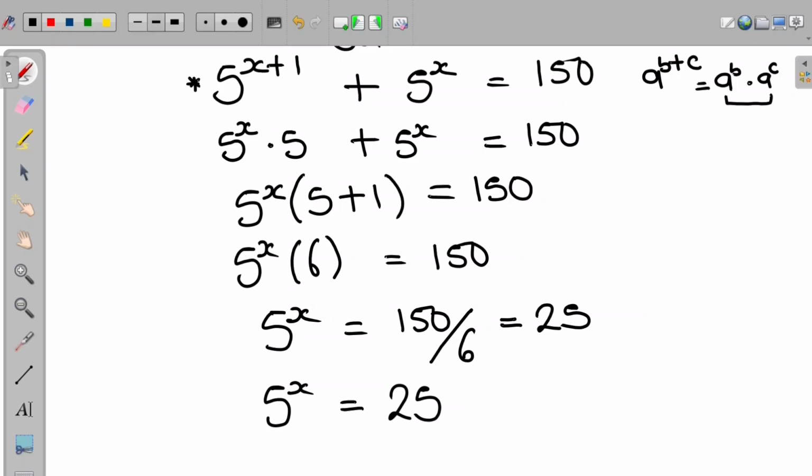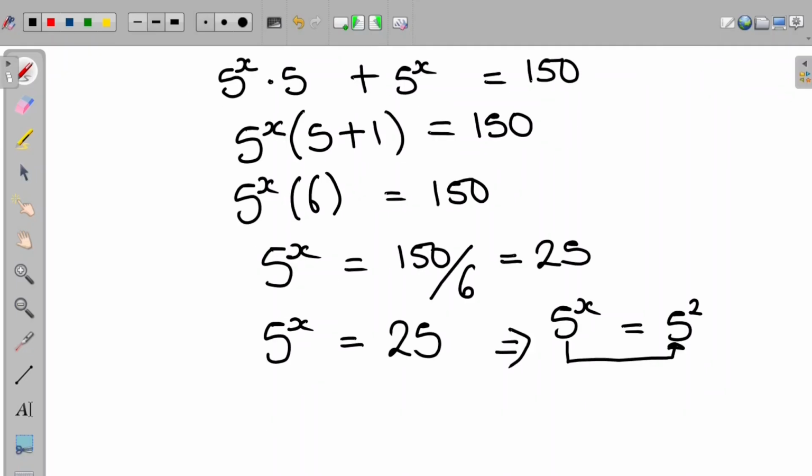Now we have to express 25 in the base of 5. So 5 raised to the power of x equal to 5 raised to the power of 2, because 5 squared is 25. Since the bases are the same, the indices or the powers also should be the same. Therefore x is equal to 2.